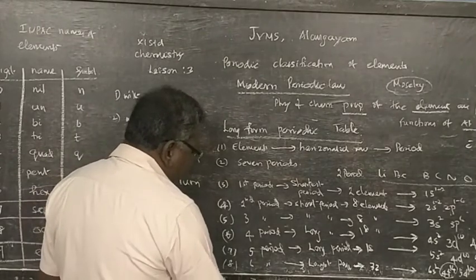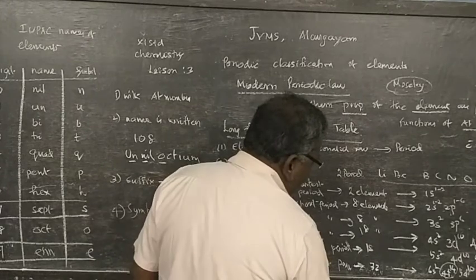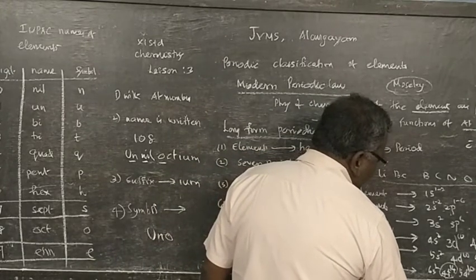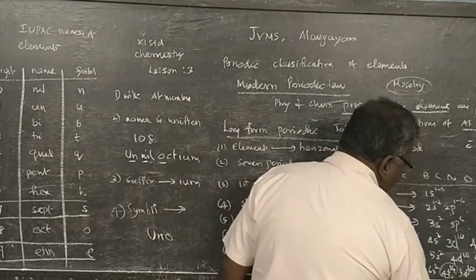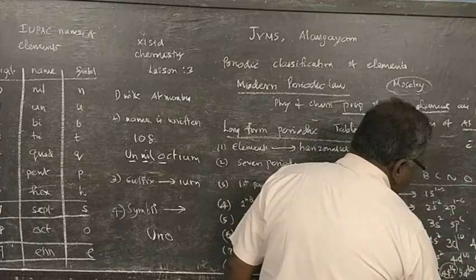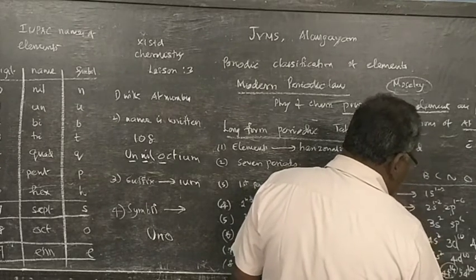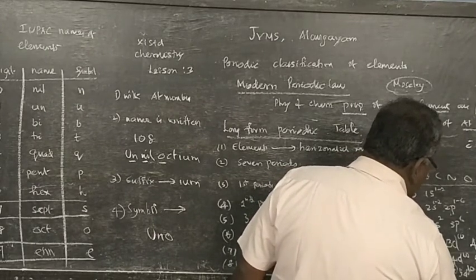And the seventh period is also a longest period, which is supposed to have 32 elements, and that will have 7s2, 5f14, then 6d10, then 7p6.